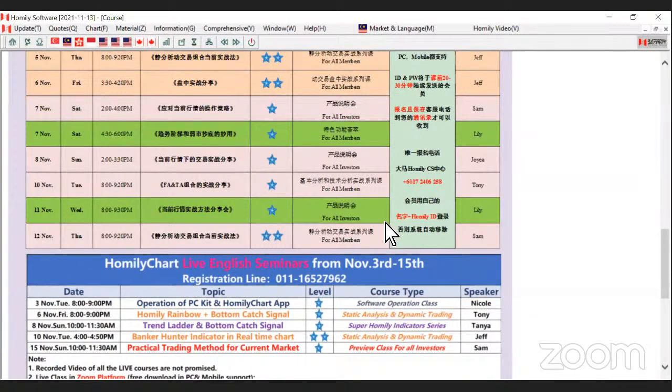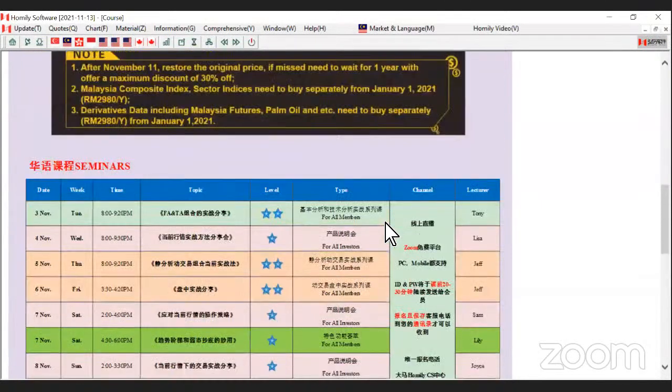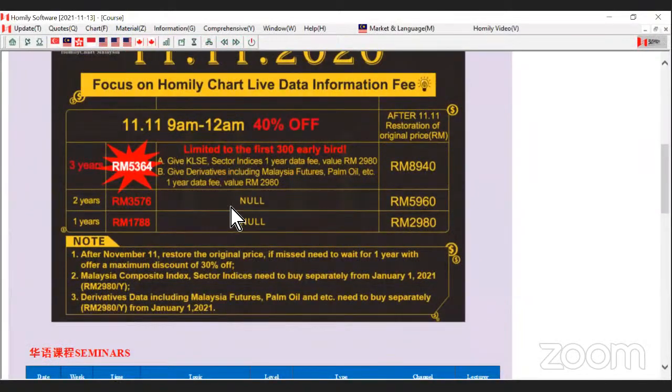All the payment will be due tomorrow. We will send the account details to people who have booked already. Also, as mentioned, next year we only have 70%, so 30% off.